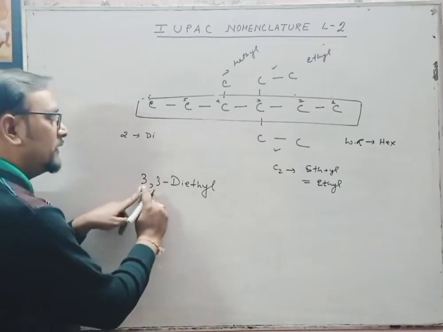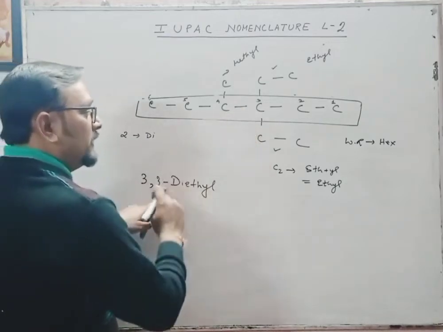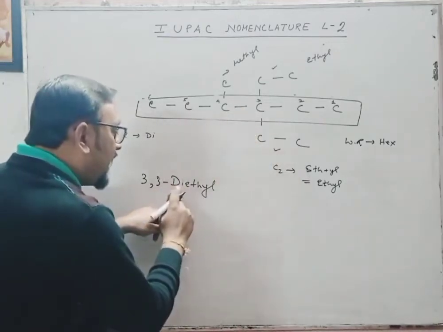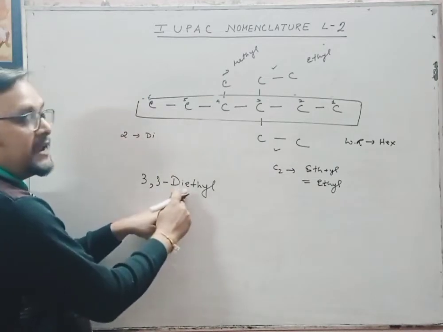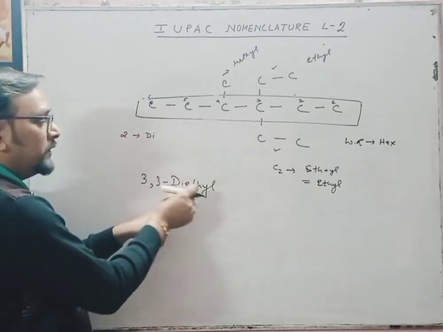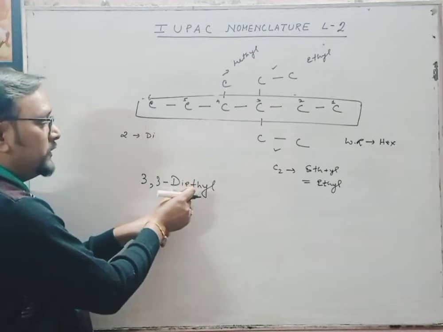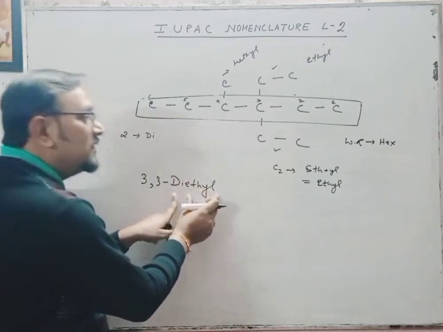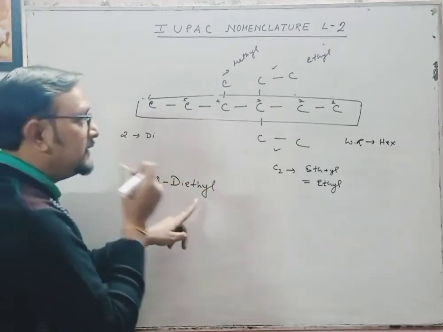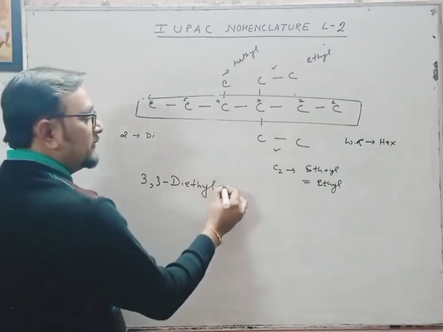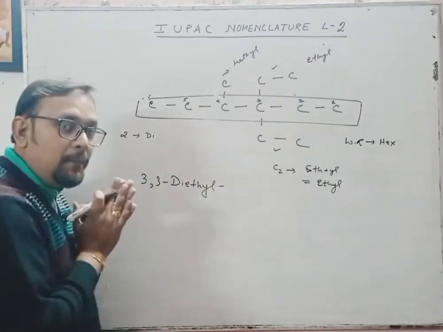You see, 3 for this. You have mentioned the prefix di because 2 ethyls are there, so you are writing di here. Diethyl. Okay, so ethyl done. Next come to the methyl. Again I will give a hyphen. Why? Because I am going to write some number.